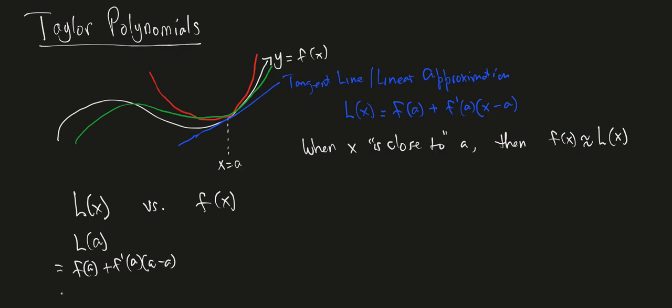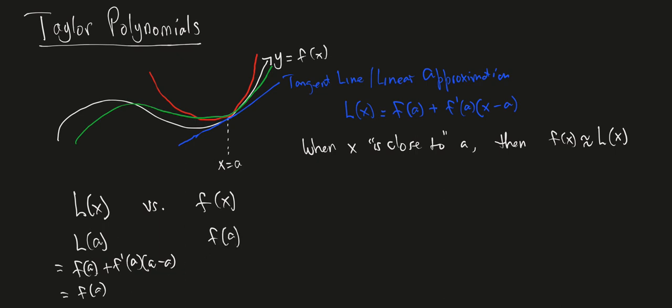And what would happen is that this term would cancel out. So I'd have the slope times 0, and I'd be left with f of a, right? So at x equals a, the linear approximation has this function value, which is the same as f of a, right? So these are the same.